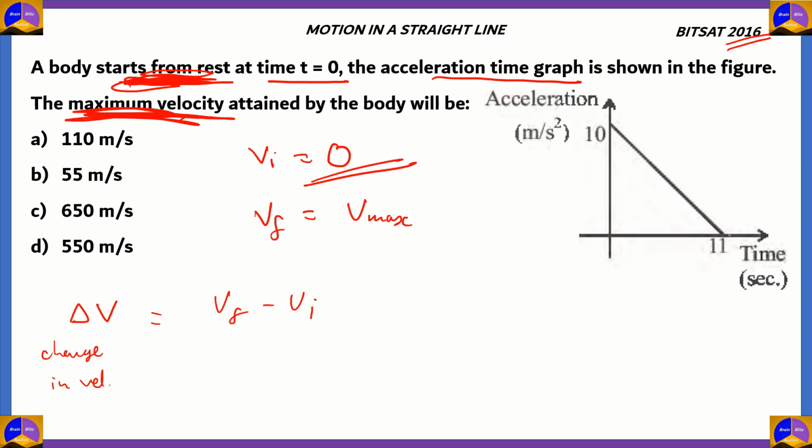Well, that's where the graph helps us. You see, this graph is an acceleration time graph, and the area under the graph shows us delta V, or change in velocity. So it's basically the area of a triangle, area under the graph.